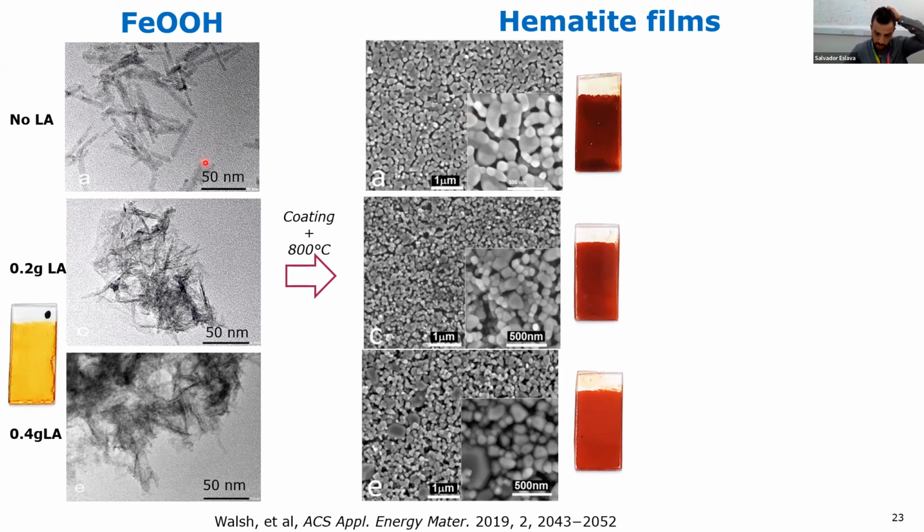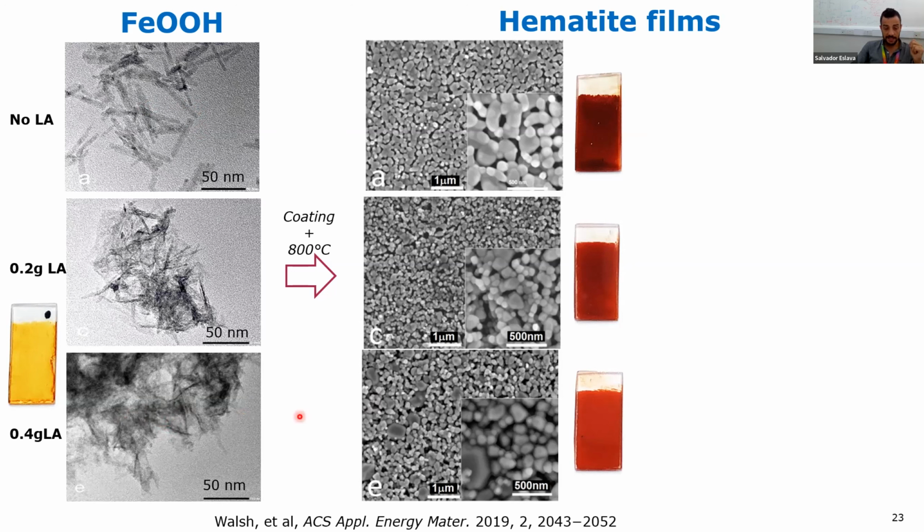And then our postdoc, Dominic Walsh, tried to modify these nanorods. He added a bit of lactic acid. And as you can see, the nanorods became a bit more amorphous, more ill-defined, and by Raman and XRD, we could confirm that they were changing from alpha to beta phase iron oxide hydroxide.